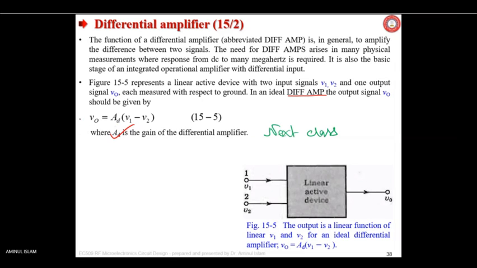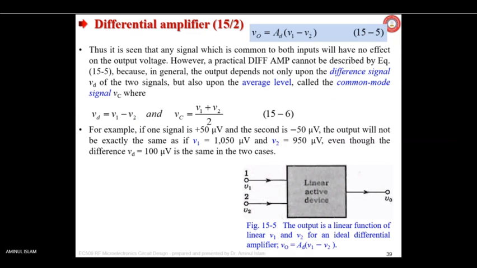Of course, this equation, what you see here, the output voltage of the differential amplifier, is the ideal case, because here we have not considered the common mode voltage gain, etc. We'll see in future if it is there. In reality, it will be there.